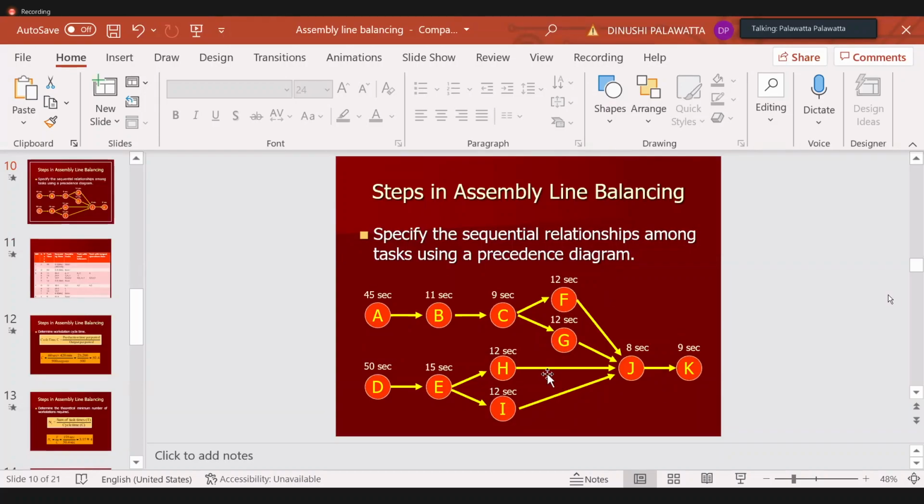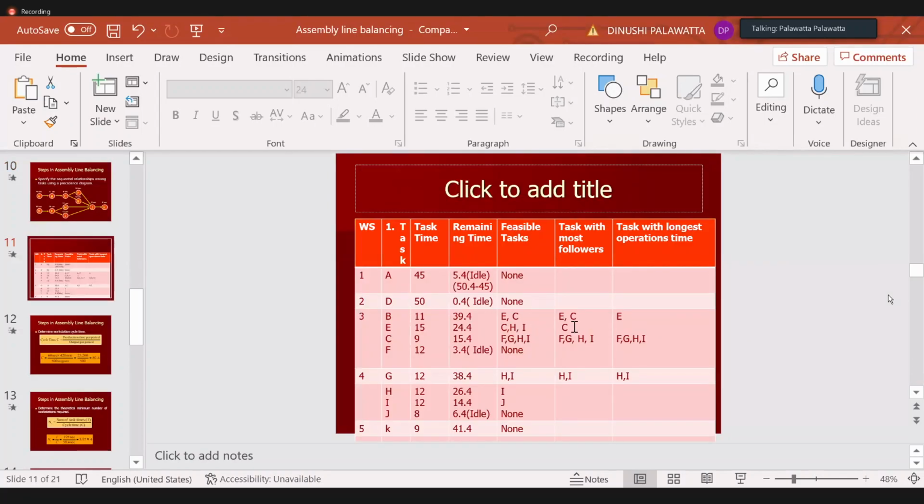On the other hand, H and I have J and K, that's 2. So C, H, I are feasible, but C has the most followers, so C gets the priority.